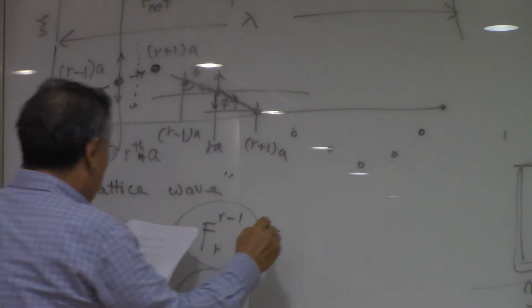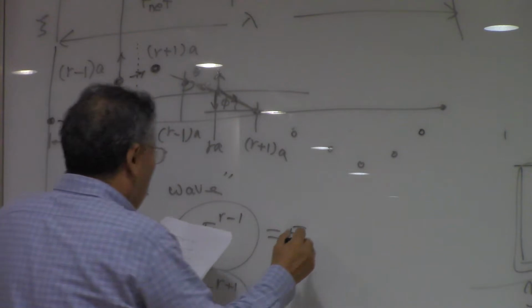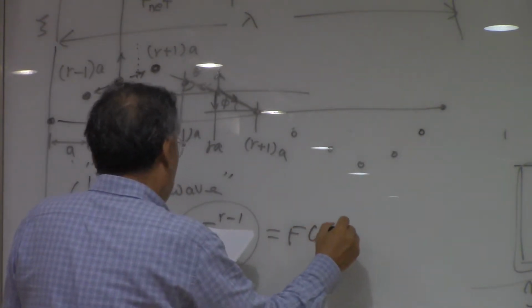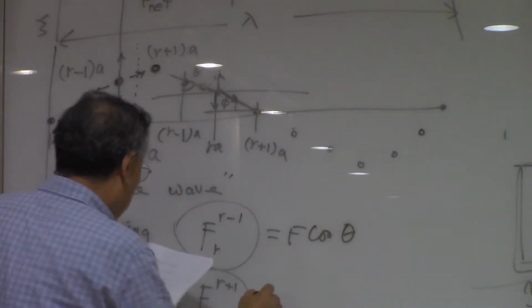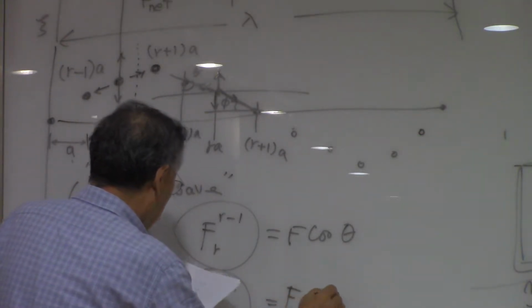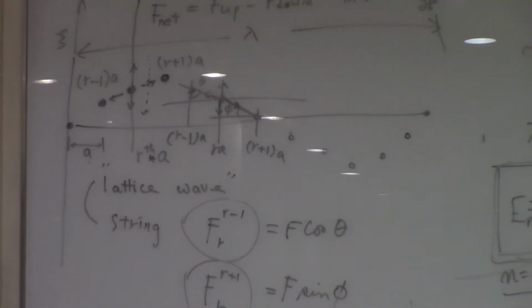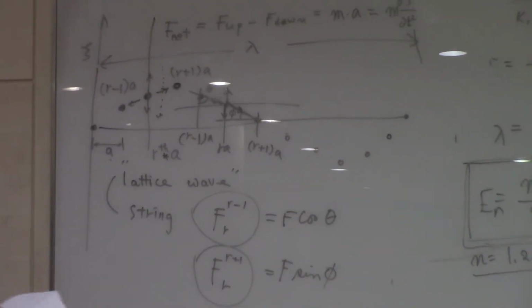And this is F, the Coulombic force between the atoms, times cosine theta. And then this one is F sine phi. That's the simple trigonometry. Okay?